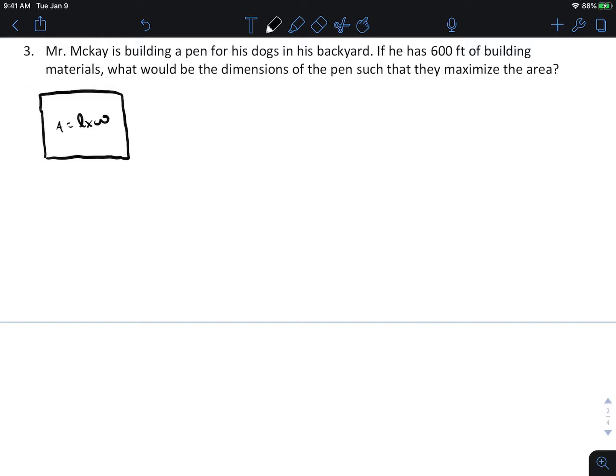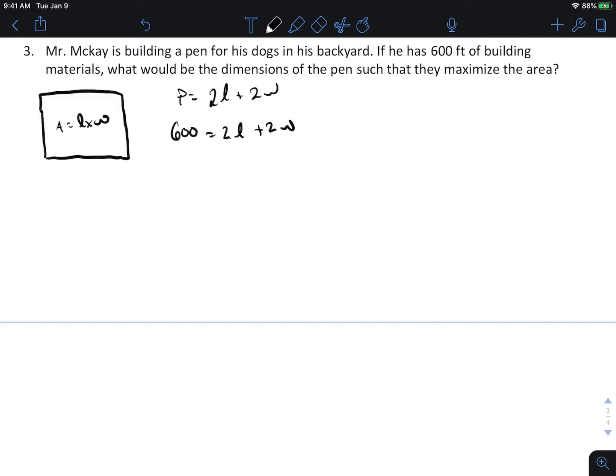Perimeter, for any rectangle, is 2 lengths plus 2 widths. But how much perimeter do I have? 600. So then I can say, okay, 600 is equal to 2L plus 2W. So stepping yourself through this is the hard part of these questions. It's arriving at the expression that I'm going to work with.